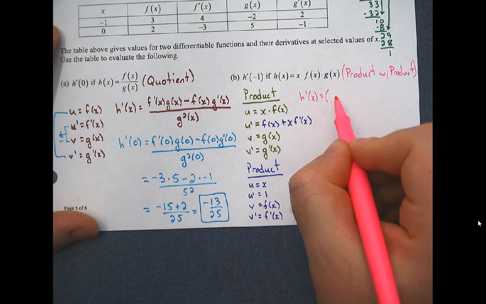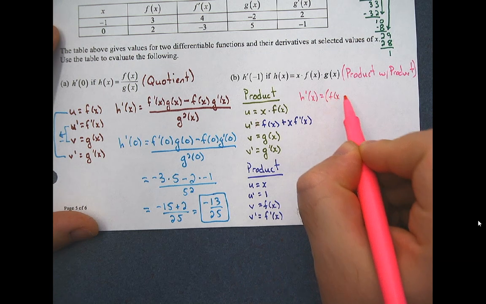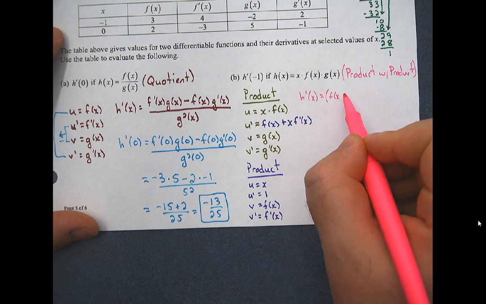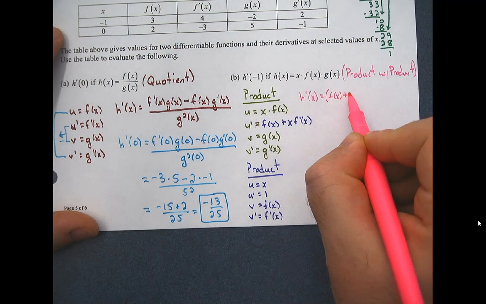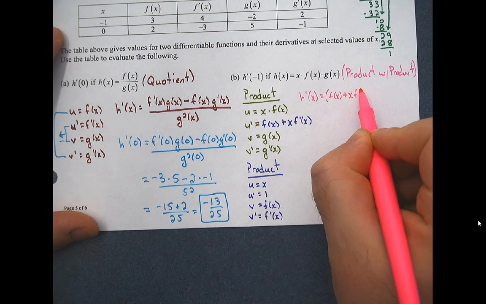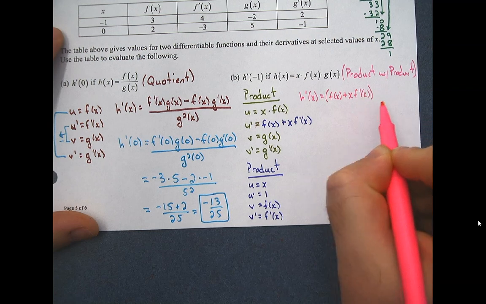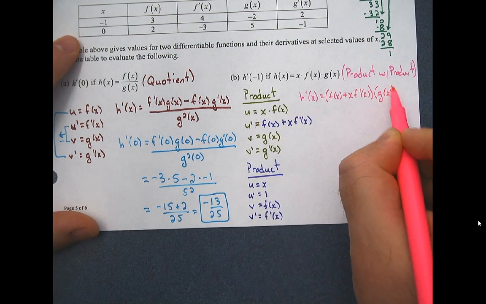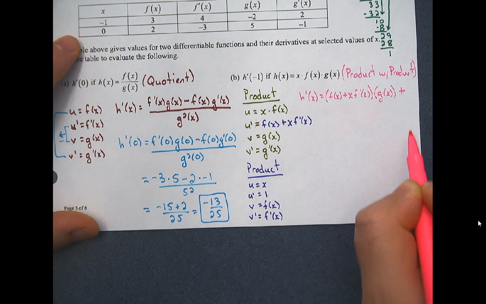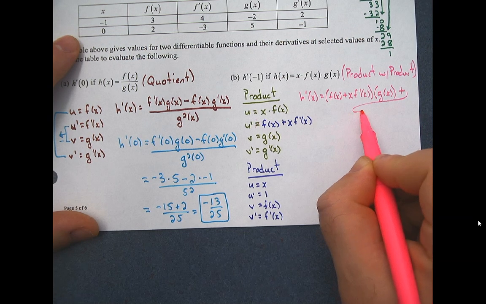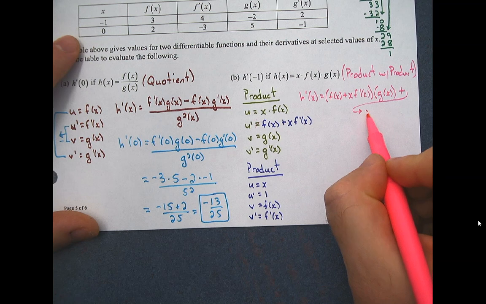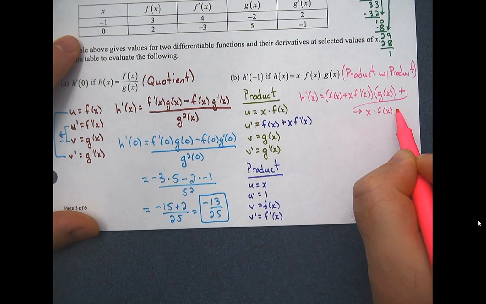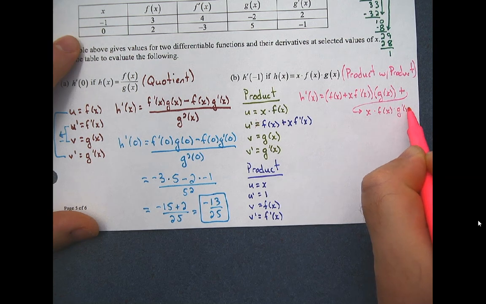So I'm going to use parentheses here. F of x plus x f prime of x, times g of x, plus, and then I'm going to run out of room here, so I'm going to go down here, plus x times f of x times g prime of x.